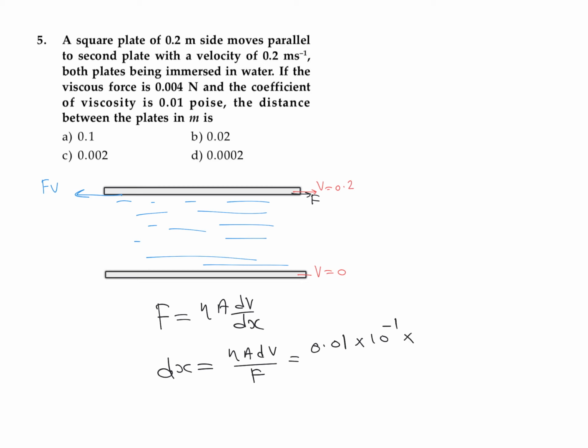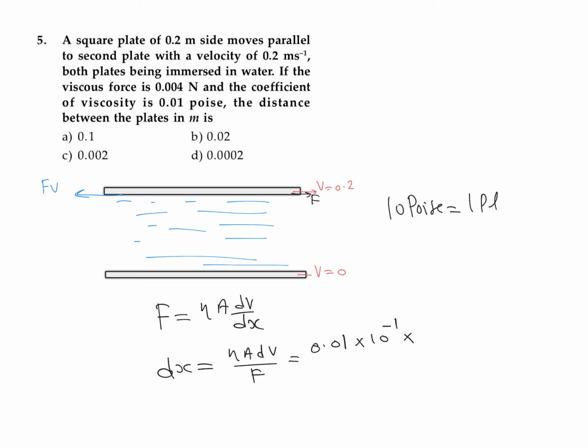Remember that poise is a unit in the CGS system, not in the SI system, and we are going to find out the distance in meters. That means we should calculate it in the SI system, so that's why I converted it from poise to Poiseuille. The relation is 10 poise is equal to 1 Poiseuille, or 1 poise is 1 by 10 of a Poiseuille.